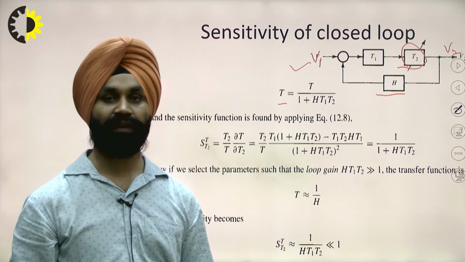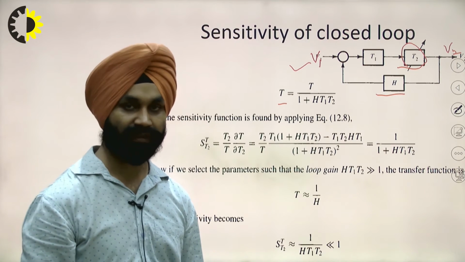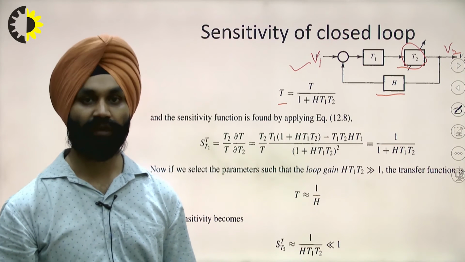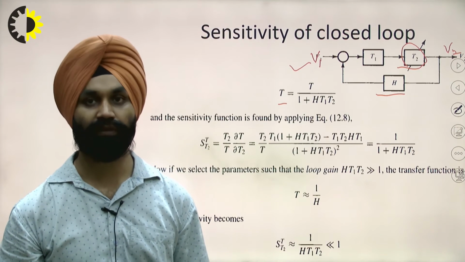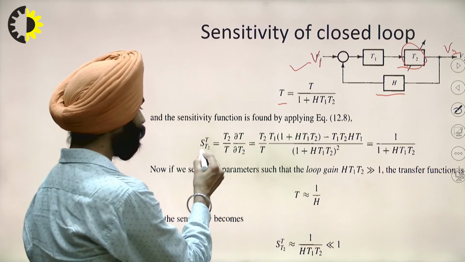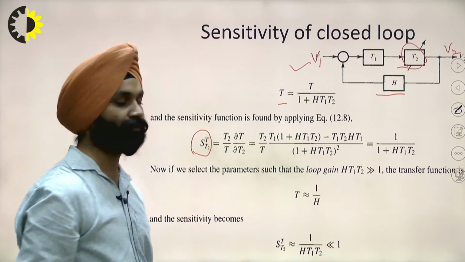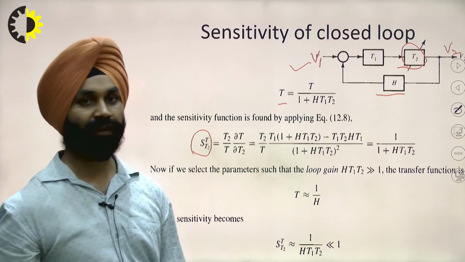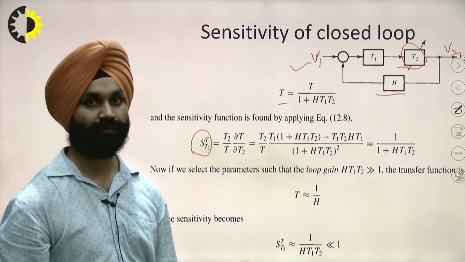Now we want again the sensitivity of the total transfer function with respect to the varying component, which is T2. So the sensitivity of T with respect to T2 again can be given by delta T by T divided by delta T2 by T2.